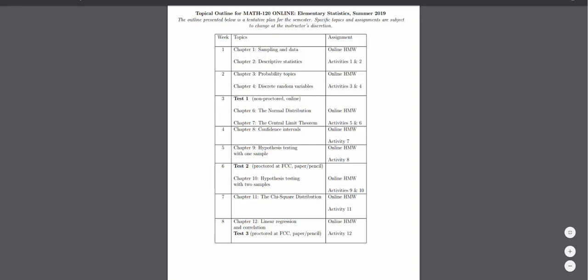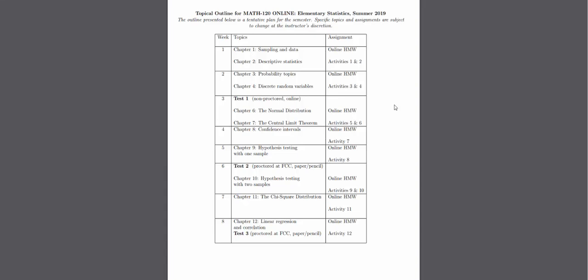And now you notice that we have 3 major assignments that are tests, right? So test number 1 will be non-proctored, administered online, so you can take it at any time, at any facility, or at home, at school, anywhere you have access to reliable internet and a computer, of course.